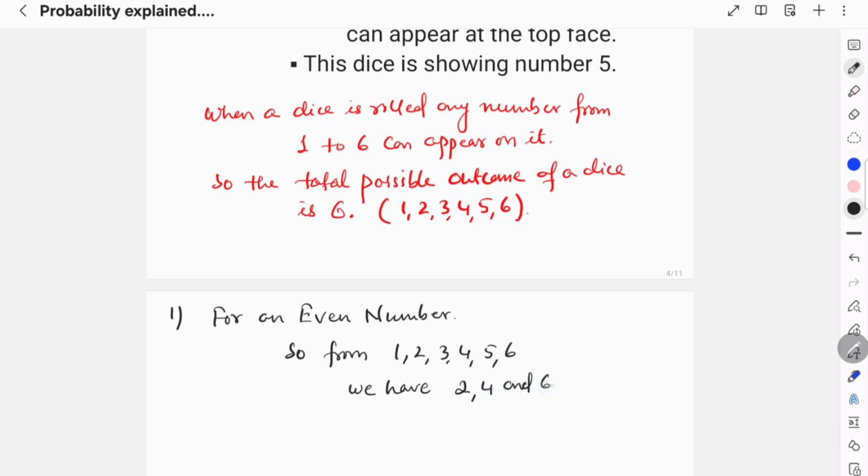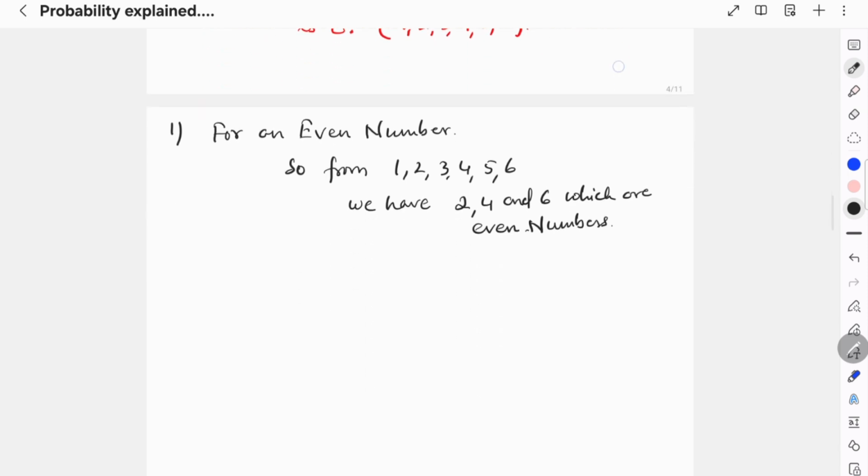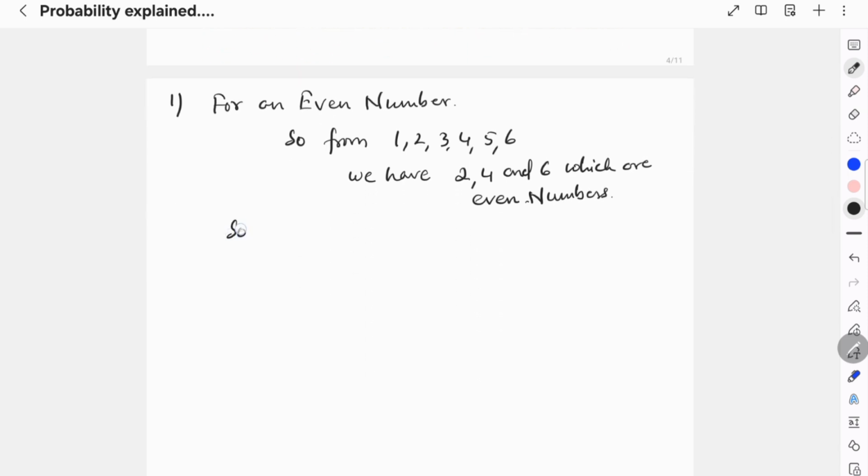So the even numbers from 1 to 6 are 2, 4 and 6. So we have 3 even numbers from 1 to 6. So the favorable outcome for even numbers is 3.